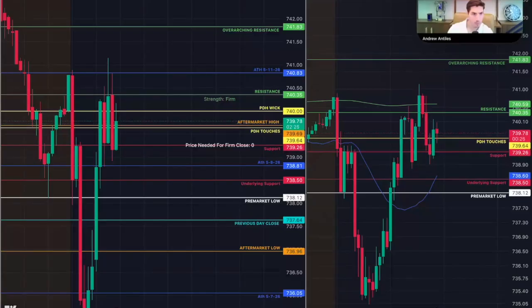And it is really battling the aftermarket high, previous day low area, previous day high area. Just get a little selling pressure.